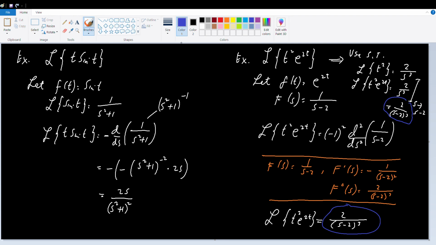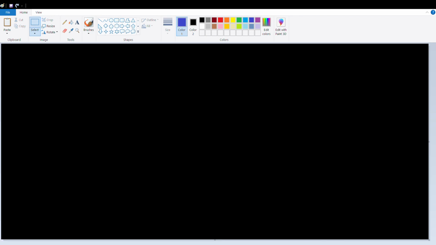Let us have another one. Let us take the Laplace transform of t e to the negative t cosine of t.